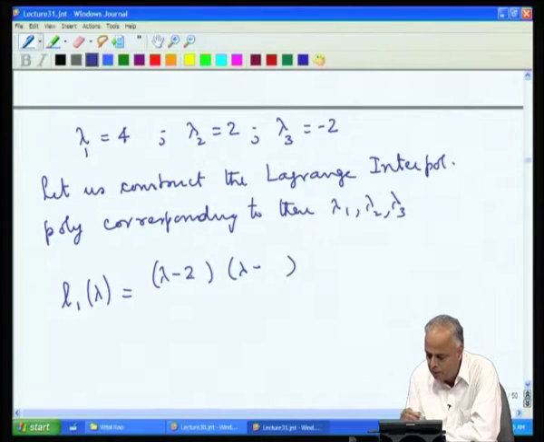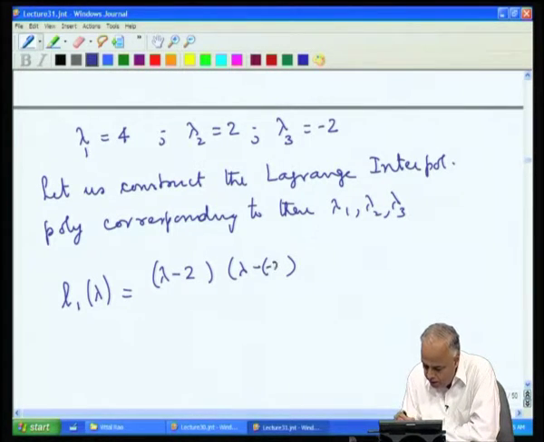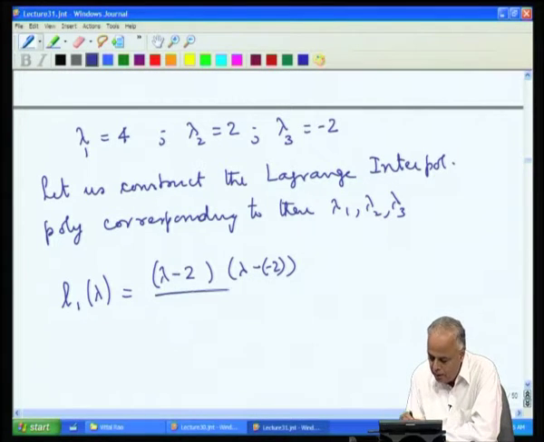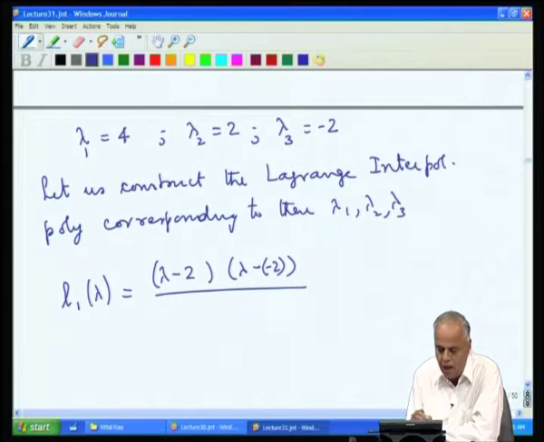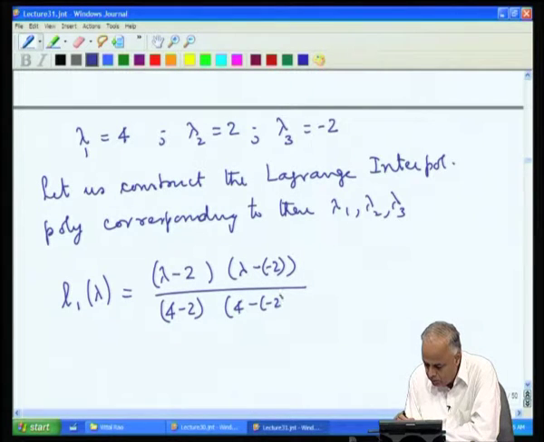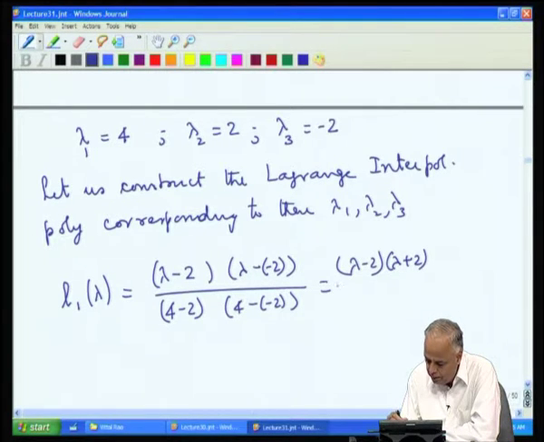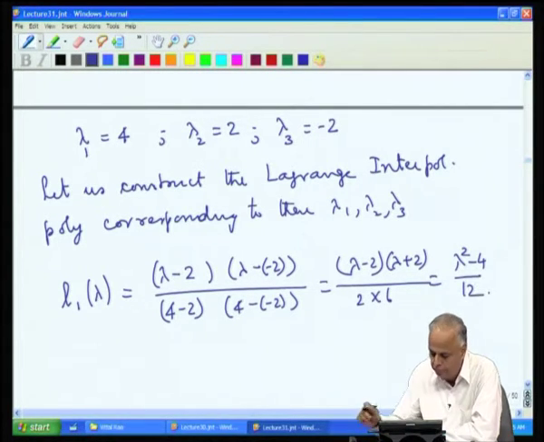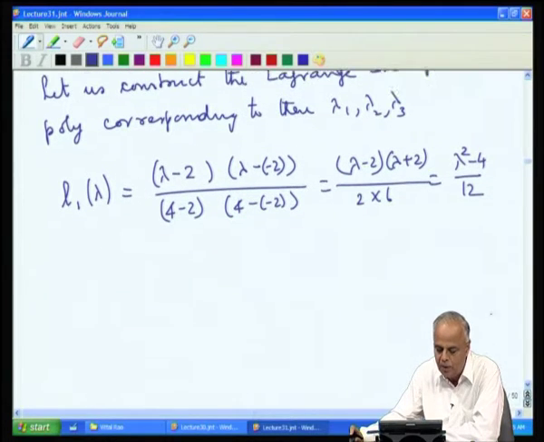So, lambda minus 2 into lambda plus 2, and then divide by evaluating the numerator at the first eigenvalue. So it will be 4 minus 2 into 4 plus 2, which gives lambda minus 2 into lambda plus 2 divided by 2 into 6, which is lambda squared minus 4 by 12. So that is the first Lagrange polynomial.